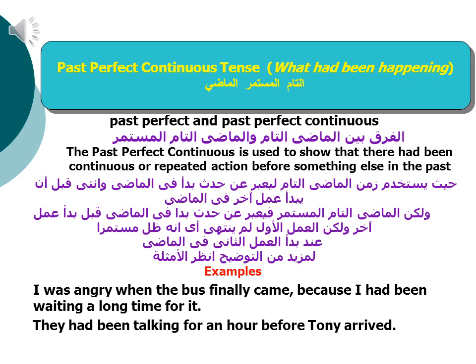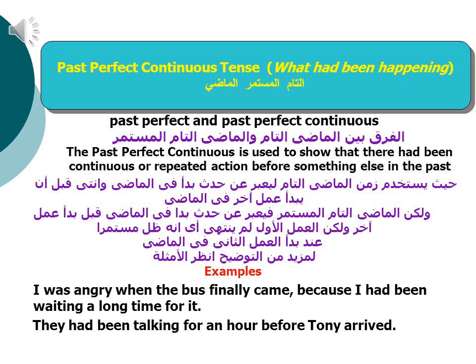Now, what about past perfect continuous, which is what had been happening? Now, this past perfect continuous is used to show that there had been something continuous or a repeated action before something else in the past.